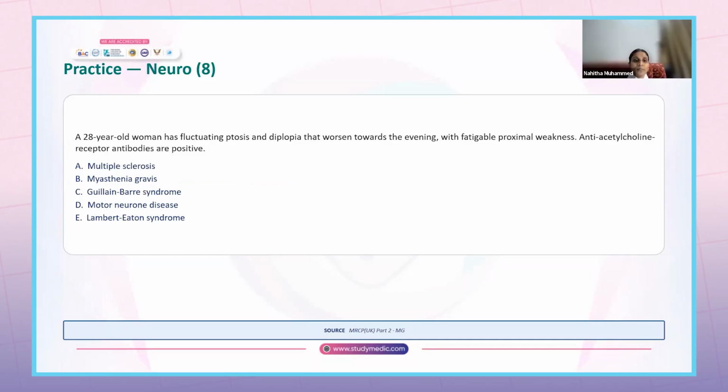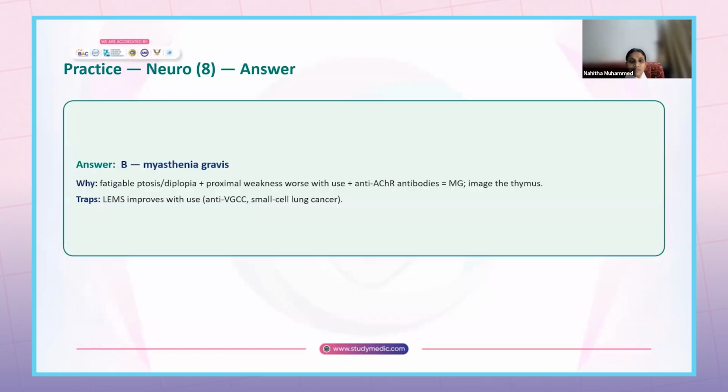A 28-year-old woman has fluctuating ptosis and diplopia that worsens towards the end of the day, that is a fatigable type of weakness. Anti-acetylcholine receptor antibody is positive. The diagnosis is myasthenia gravis. LEMS is the anti-VGCC antibody.